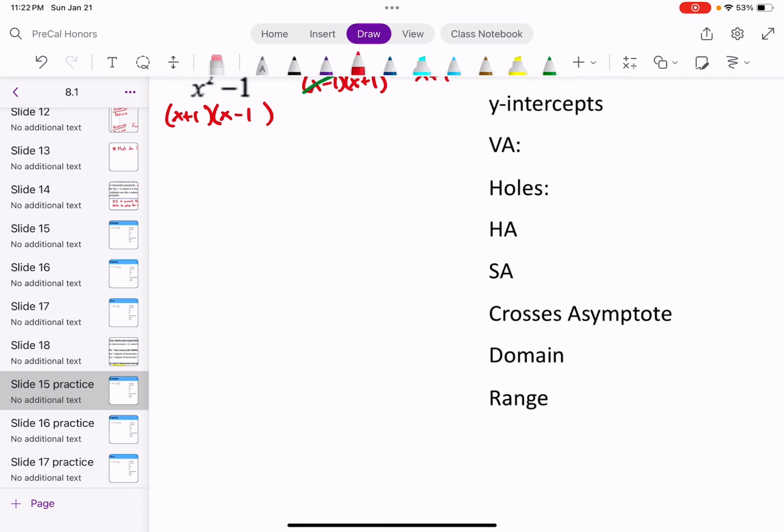In this case, x such that x does not equal negative 1 and 1. Remember, here we're just setting each one equal to 0, and from there we are figuring out what x cannot be.